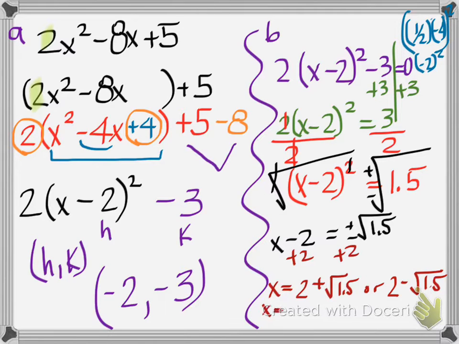So x is going to be 2 plus 1 2/10, or 2 minus 1 2/10. The final answers are x is equal to 3 2/10, or x is equal to 0 8/10.